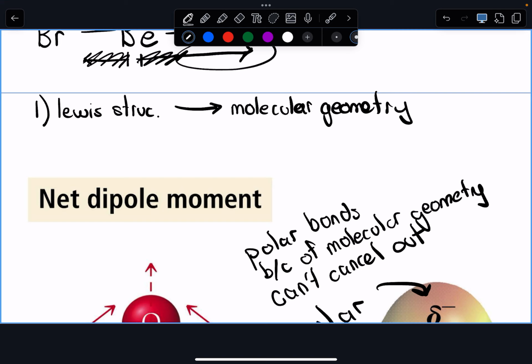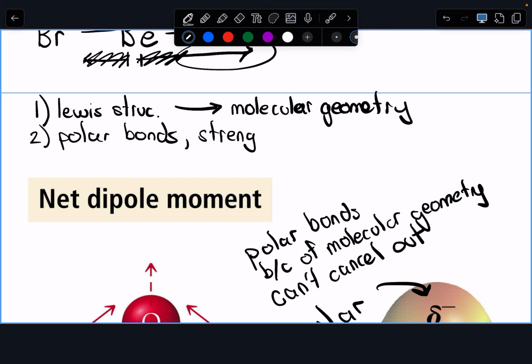Then you want to look at the polar bonds. And the strength of those polar bonds, or magnitude, the size, like how polar they are. This is not really in order of priority. You're probably going to want to do this first, just because why wouldn't you?